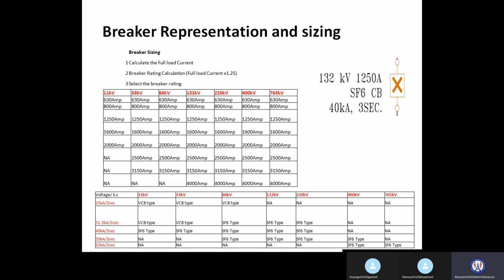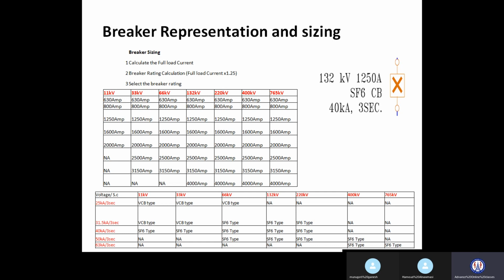Arc quenching medium means, in any feeder, the breaker has contacts. When the breaker is opening, there is huge arcing and huge ionization surrounding the breaker contacts. We quench this ionization and arcing by different media. When we use an air blast, high pressurized air, to quench the arc surrounding the breaker contacts, that type of breaker is called an air circuit breaker, ACB.